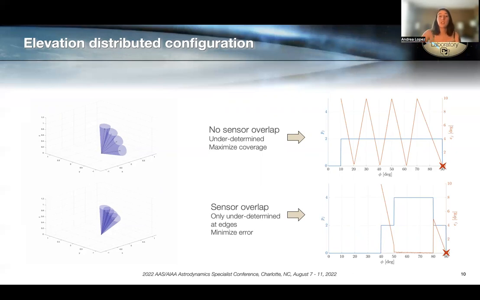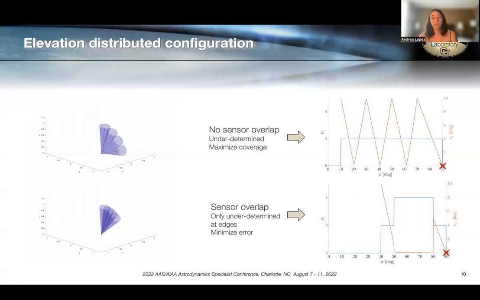On the other hand, if we have an overlap between the sensors, then the only undetermined areas are where only one of the sensors is able to see, and those are these areas. And the error where there's an overlap goes to 0, as you can see here. So this minimizes the error in the area covered.